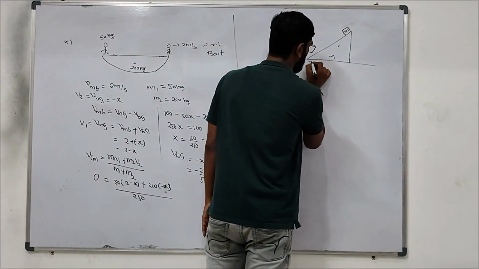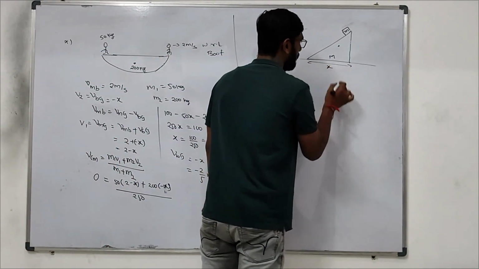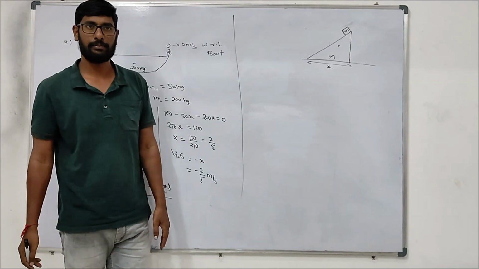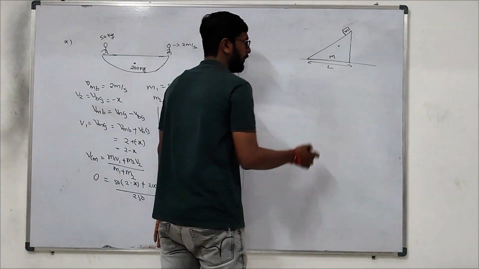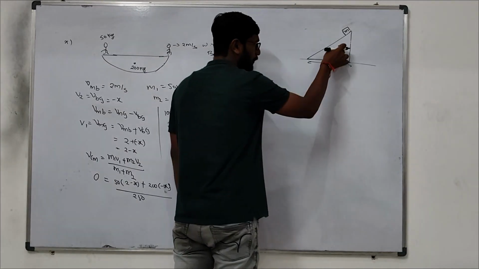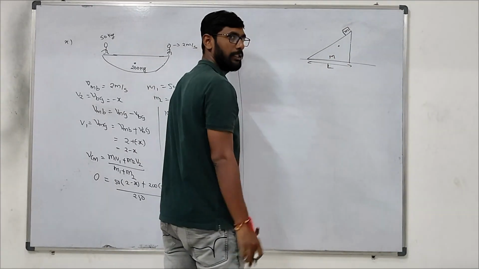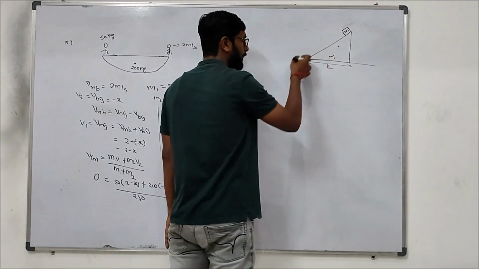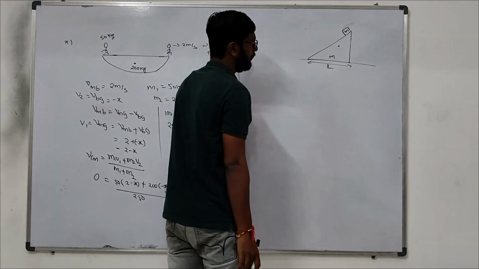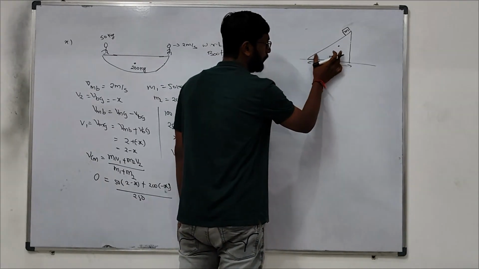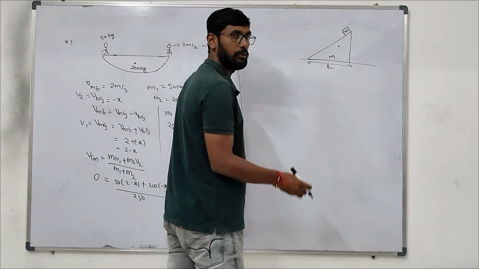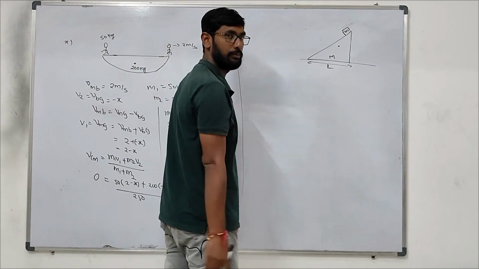They said this distance is L. Now this body is falling, it is moving down. As it is moving down, this body has to move this side to keep the center of mass at the same position.